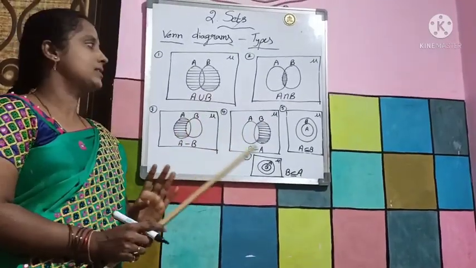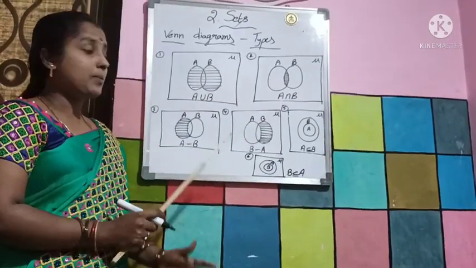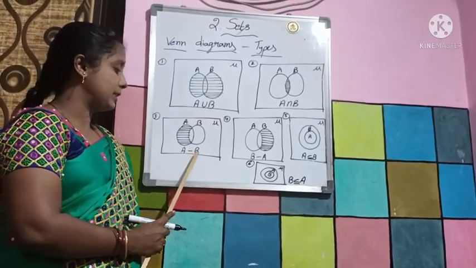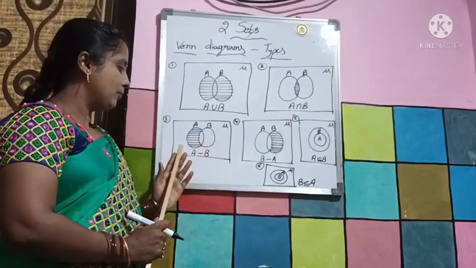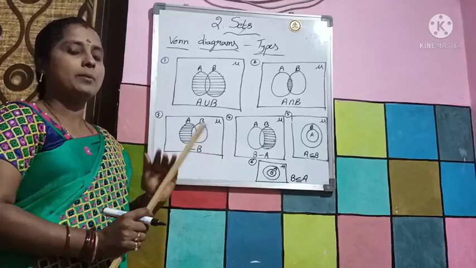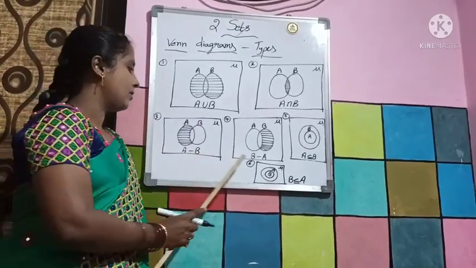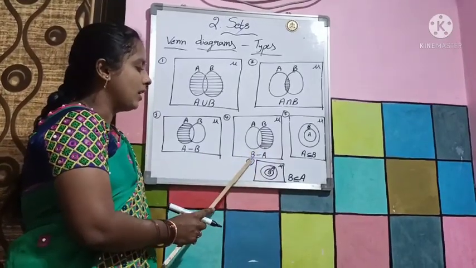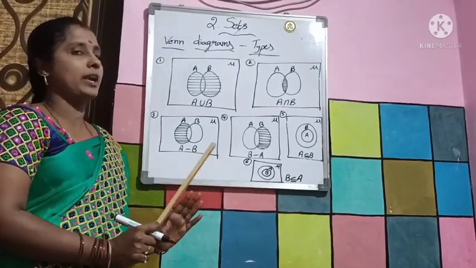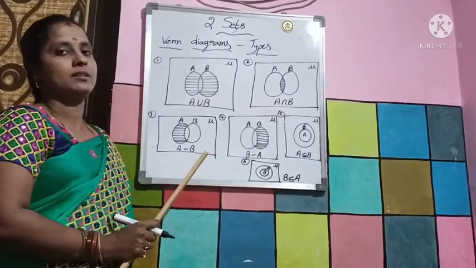Common elements is A intersection B. Next, A minus B. A minus B means from set A elements and set B elements, the common elements are subtracted. The remaining elements is A minus B. B minus A: we choose the set B elements, subtracting the common A elements, and that is called B minus A. The diagram is this.